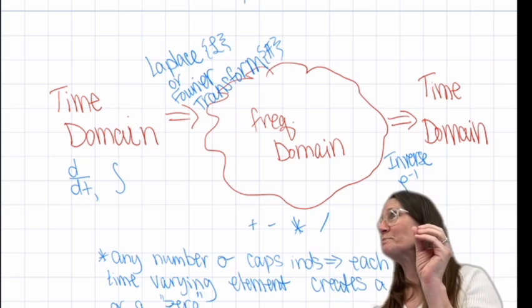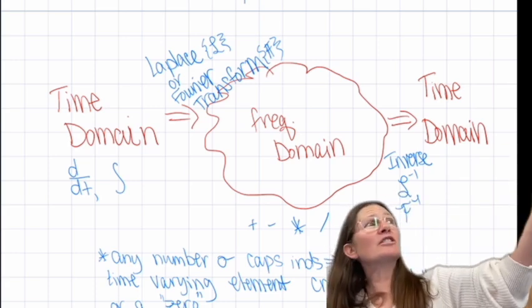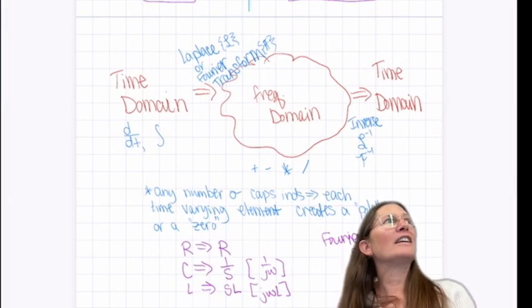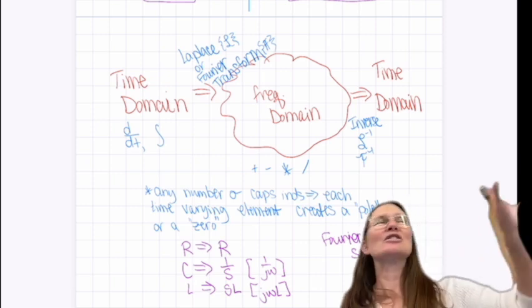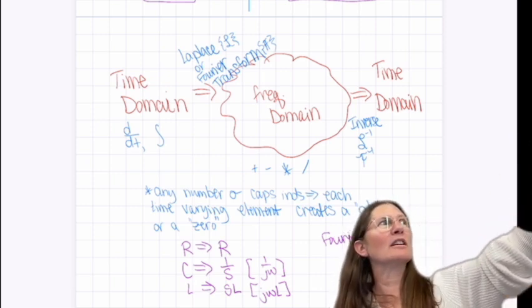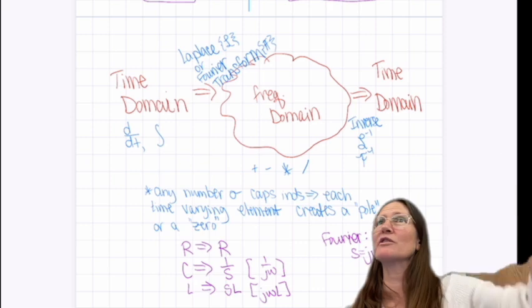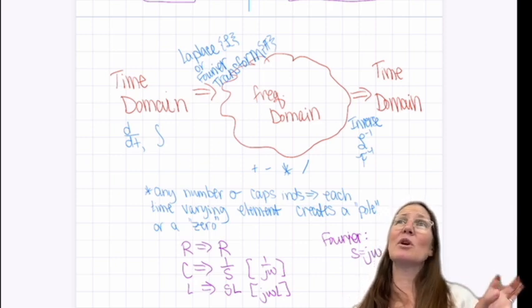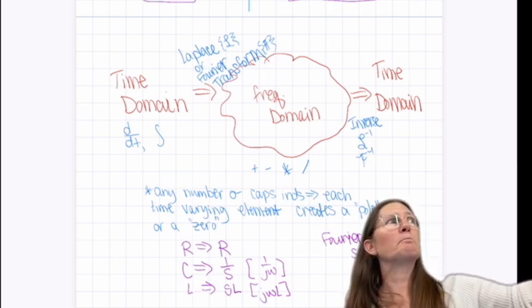So instead, all we have to do is change them into this frequency domain. It's an abstract domain, hard to visualize what's happening there, but it changes all of our differentiation into a multiplication or a division. So much easier to add, subtract, multiply and divide. That's the reason why we want to do this, and it's a way simpler way of solving the circuit.